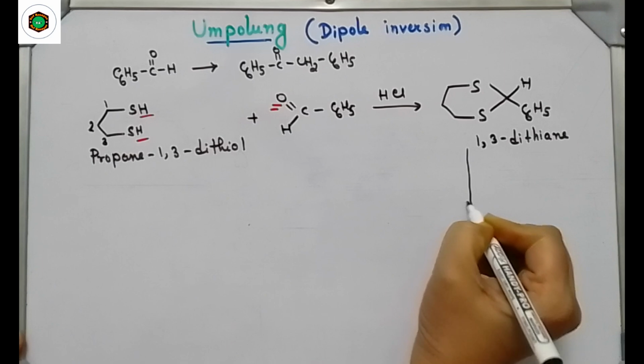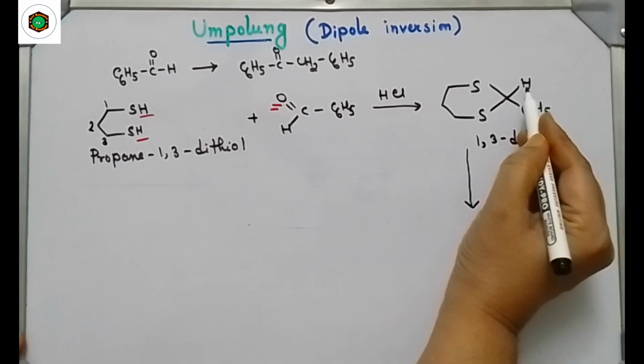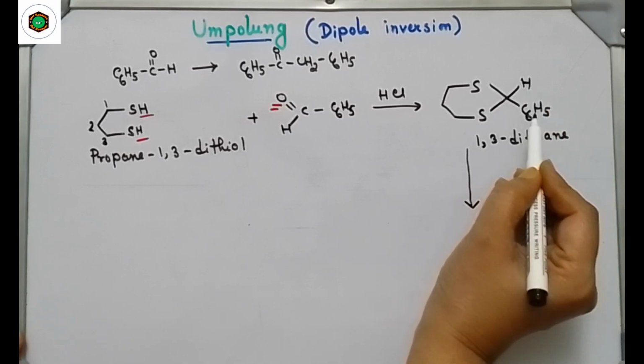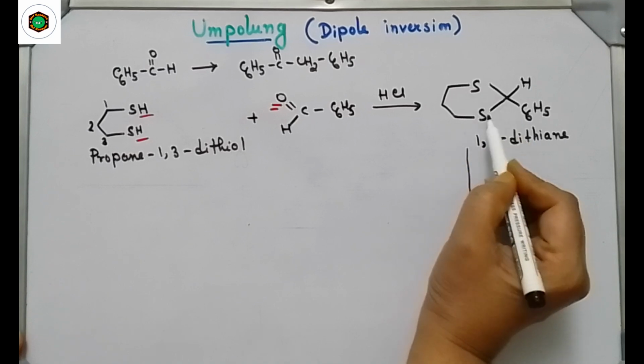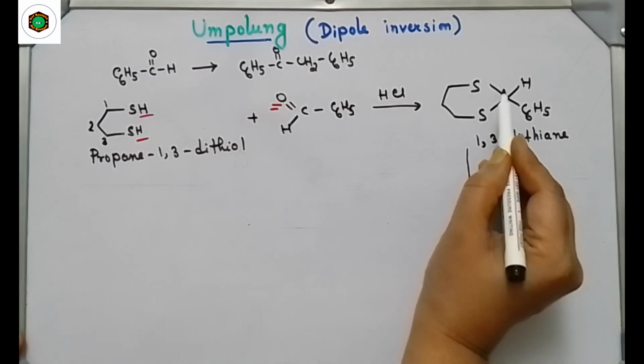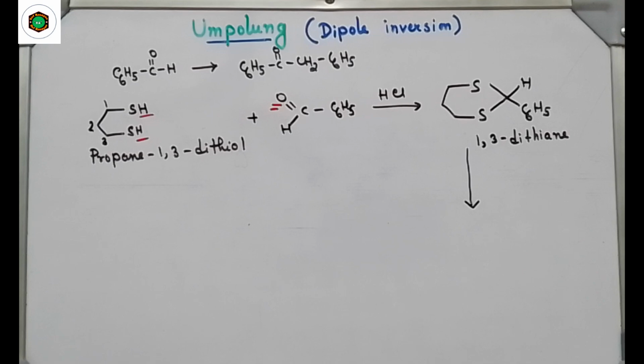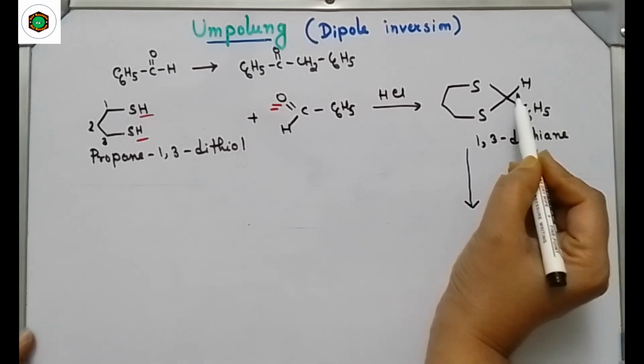Now see, this hydrogen is very acidic because a benzene ring is there and two sulfurs are attached, and sulfurs are electron withdrawing, being electronegative. So this hydrogen will be acidic.